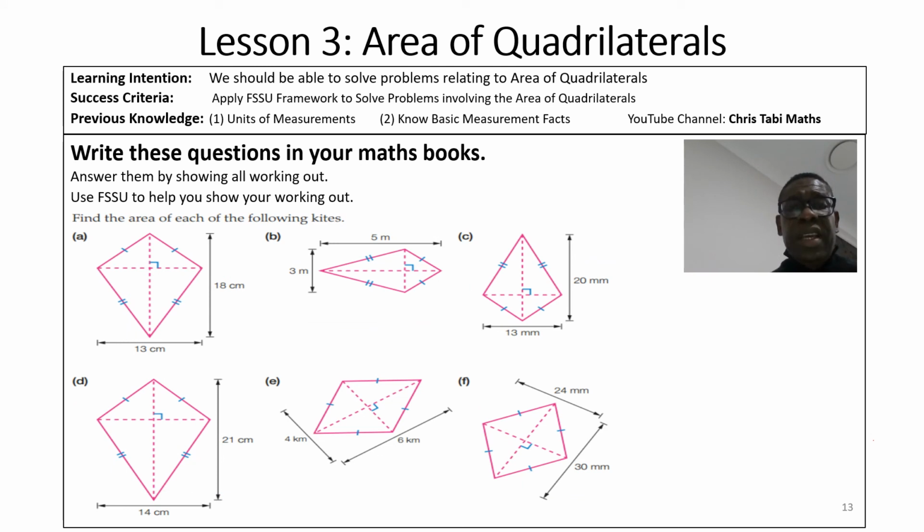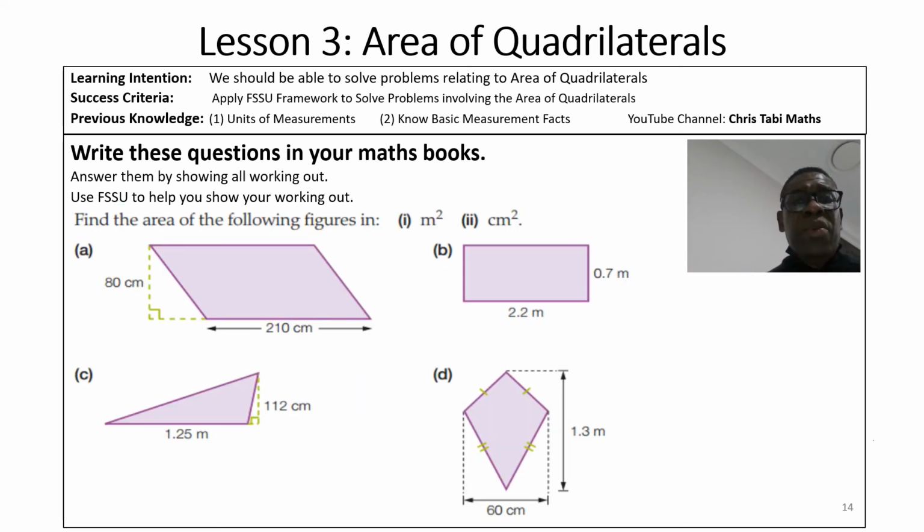Again, you pause here. Write all the questions in your books. Draw the diagrams as well, please. Apply FSSU so that you can show your working out. Thanks. Again, you pause here. You write all these questions in your books.